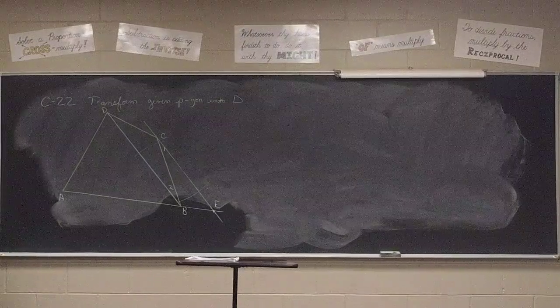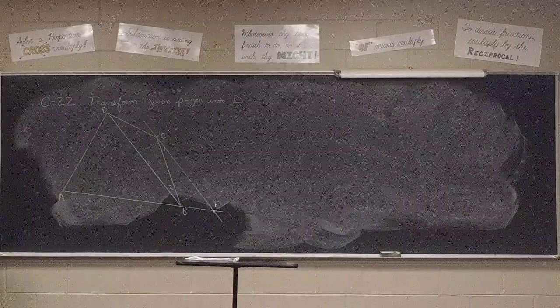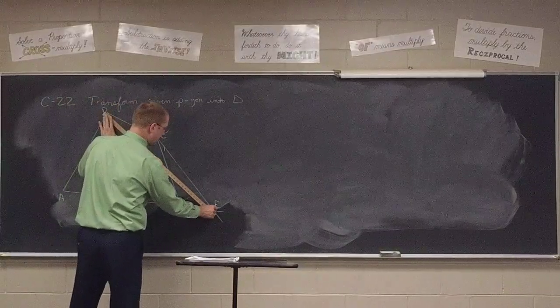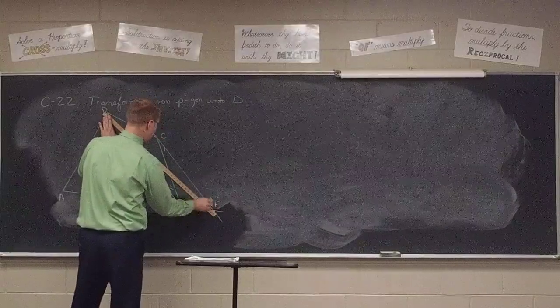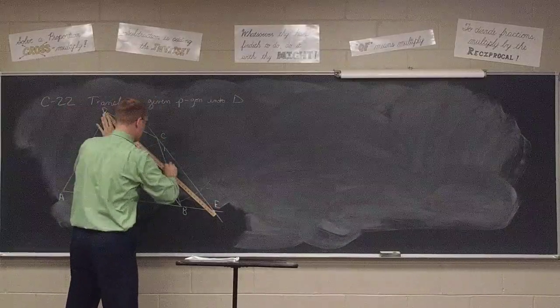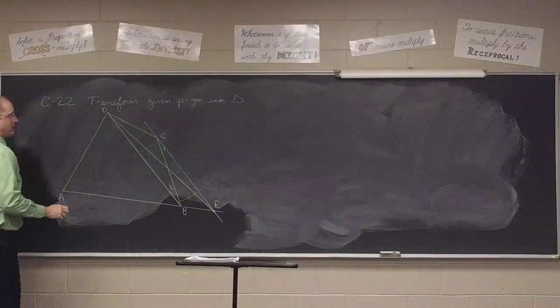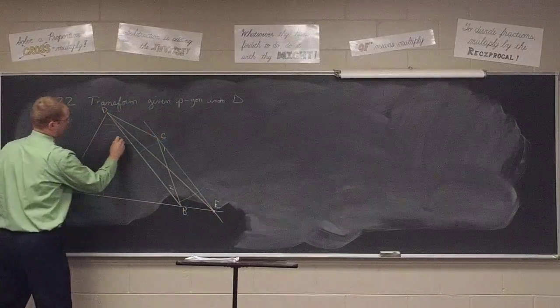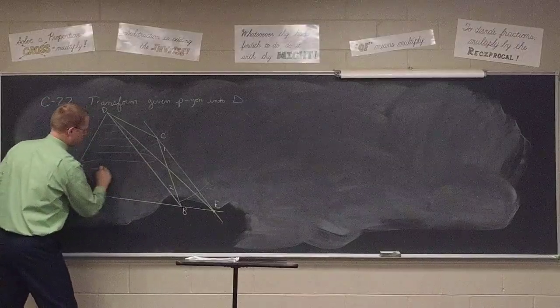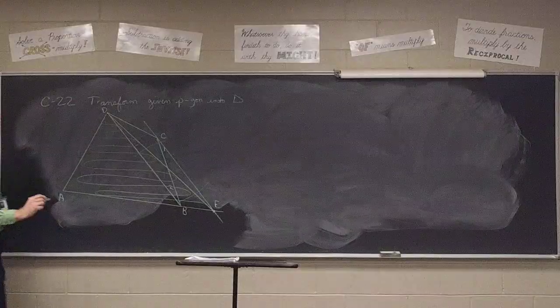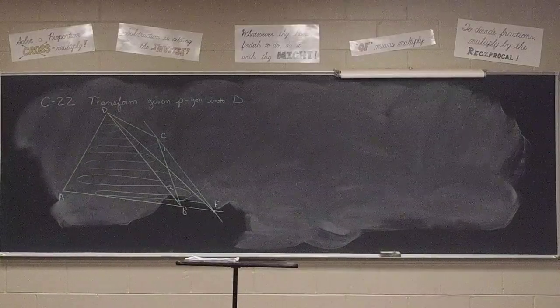Connect the parallel hyphen base intersections to the top vertex. So from E to D, we'll connect the dots. And now you have a triangle, A, E, D, that's exactly equal in area to the original polygon.